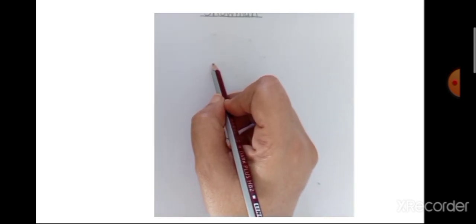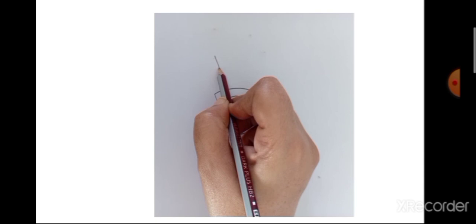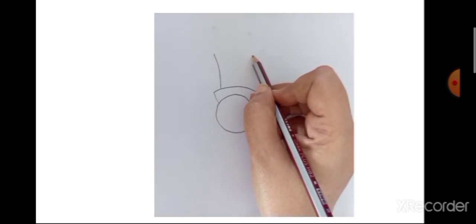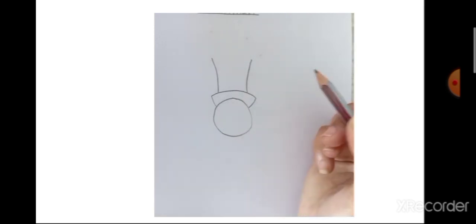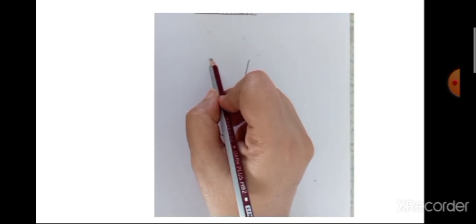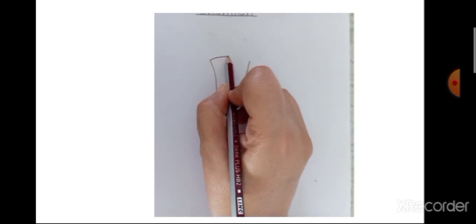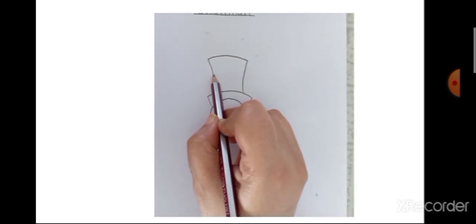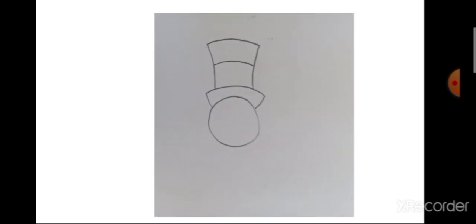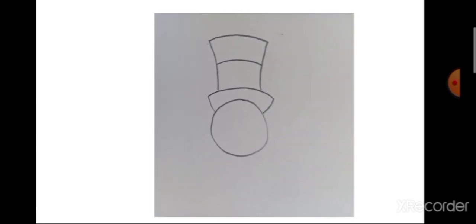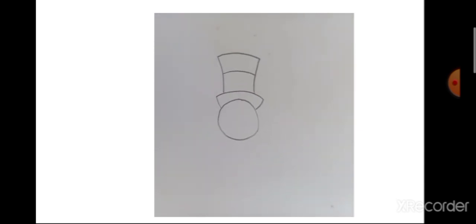Then draw two curved lines. Join them with a curved line and then draw one more curved line inside. This is a hat. Okay.